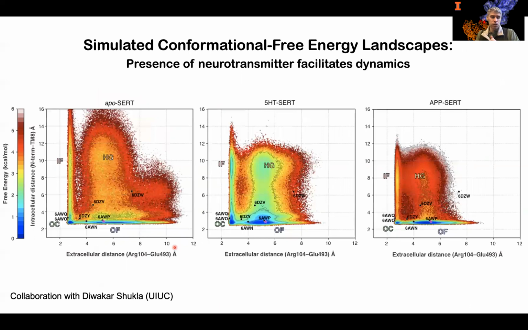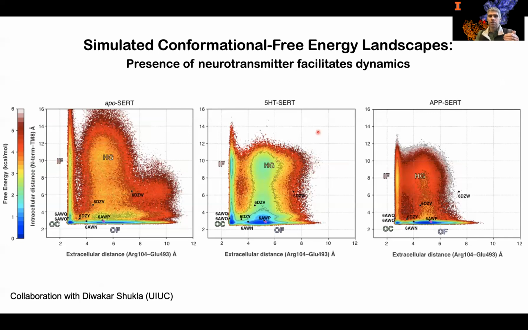With Diwakar Shukla, we have done extensive molecular dynamics of the import process. This conformational free energy landscape here is for SERT in the absence of a neurotransmitter. The deep energy wells are shown in blue, so we have an outwards facing conformation that can transition to an occluded state, but then shown in warm colors, there is an energy barrier to form the inwards facing conformation.